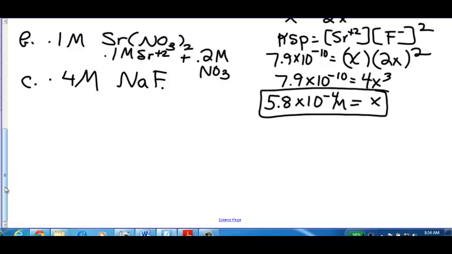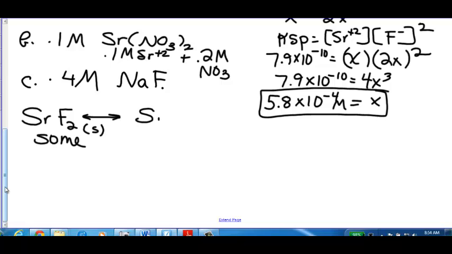That's what it's really existing as. And so all that changes in our dissociation of strontium fluoride is our I line. Because remember, when we put some of this solid in water, it's going to dissociate into strontium ions and two fluoride ions.